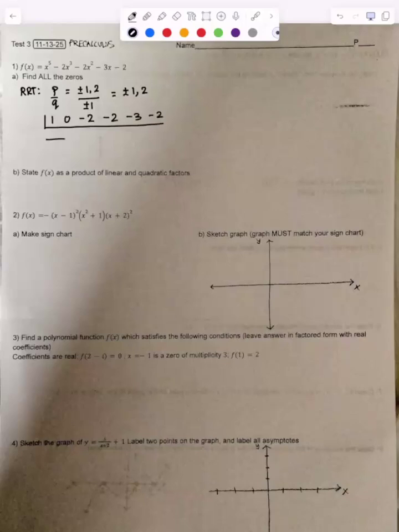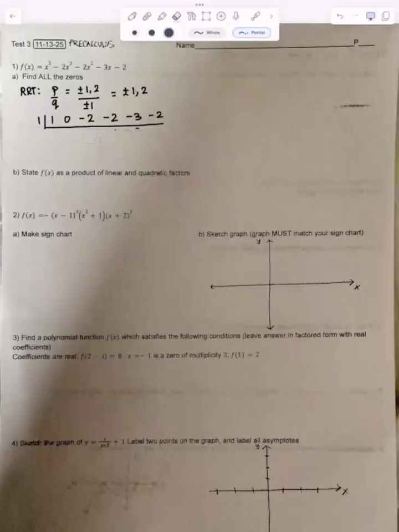Sorry. Let's go with 1 again. 1, 1, -1, -3, -6, so 1 doesn't work.